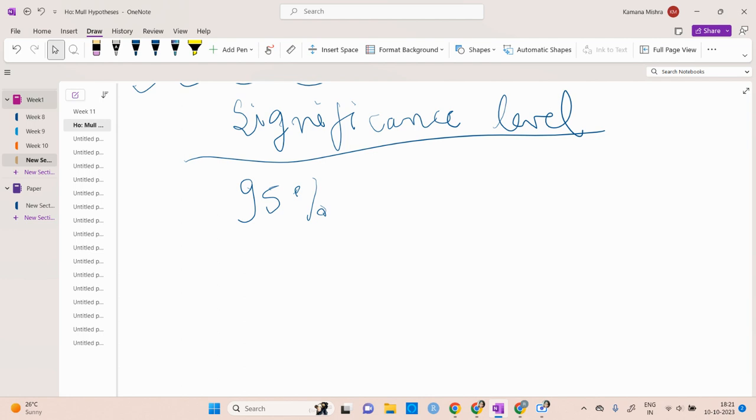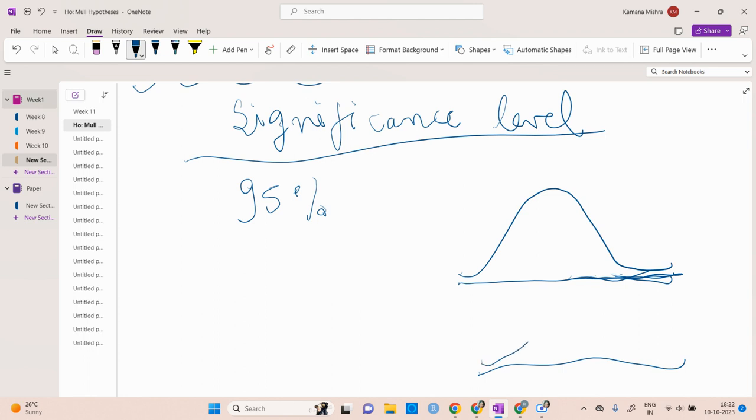That is different, but that is significance. If you have any real data, it is not like this perfect shape. It will be something like this, let's say this and this, so its density will be a little bit different.